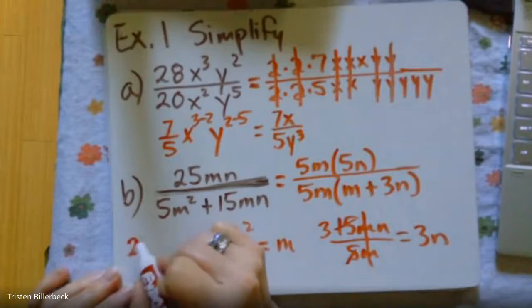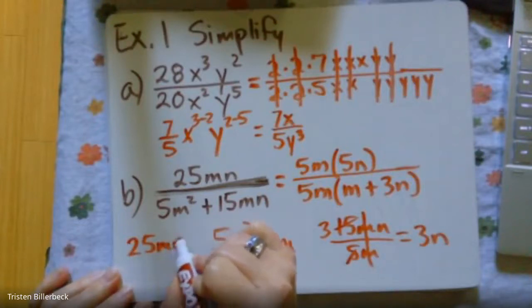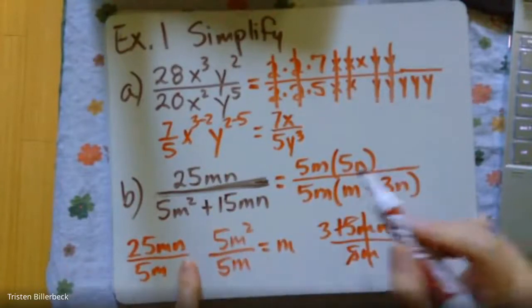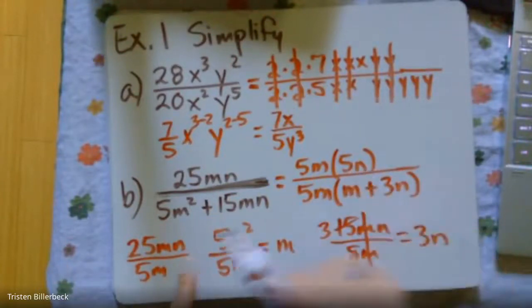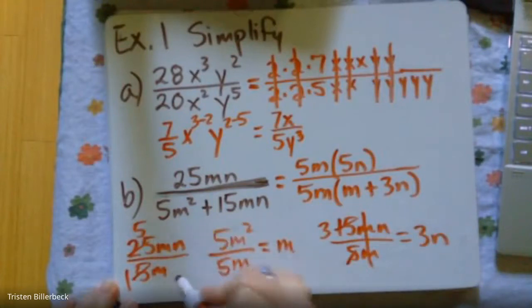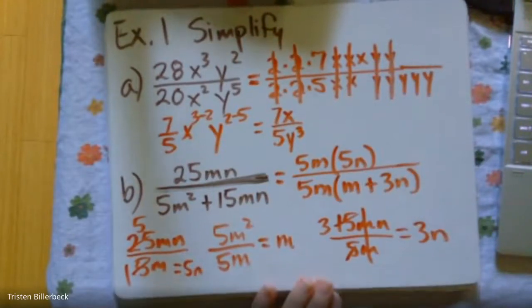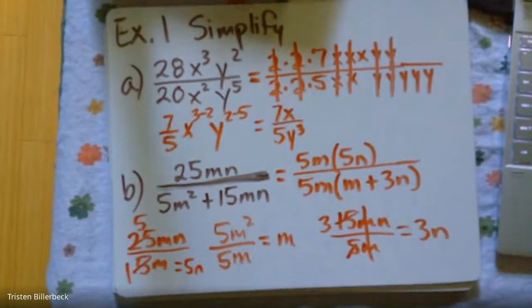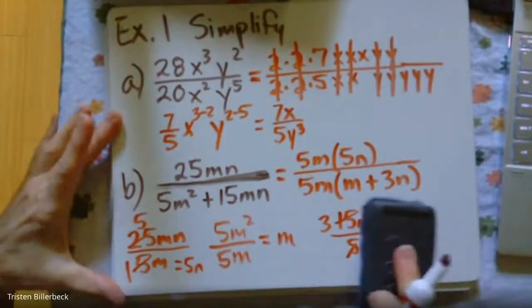And then 25mn divided by 5m equals 5n, because we take one 5 out of this, one 5 out of that, and that's going to just equal 5n. So that's how I got all these numbers, just in case you were wondering.